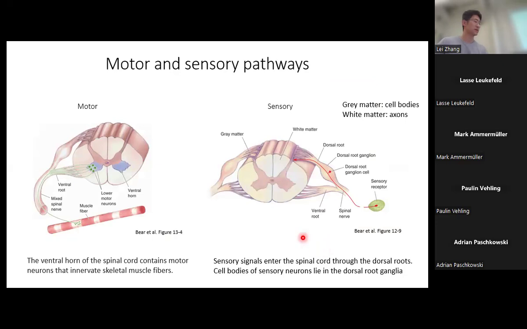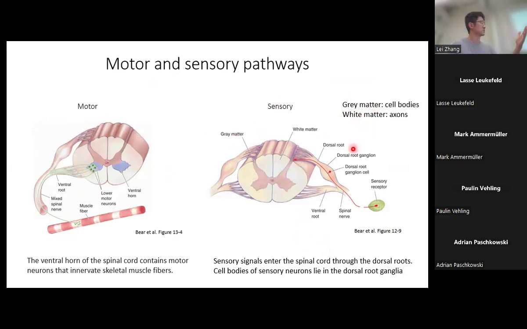And as we see, the muscle is innervated by motor neurons, and these motor neurons are embedded in the spinal cord. There are motor and sensory pathways. First of all, let's look at the spinal cord. In an image of a spinal cord slice, we usually distinguish between gray matter and white matter.